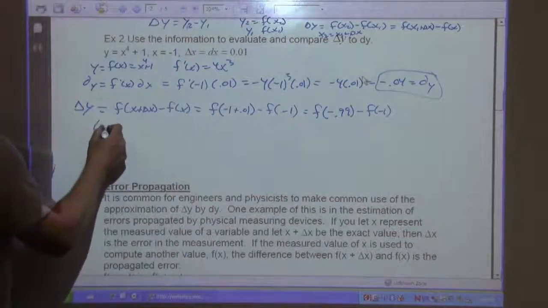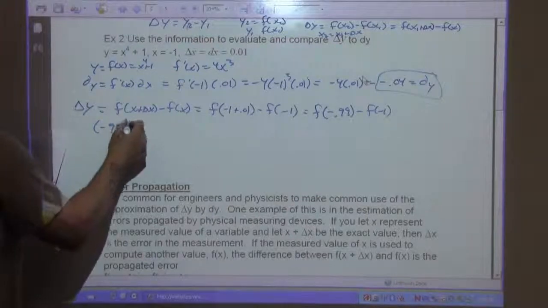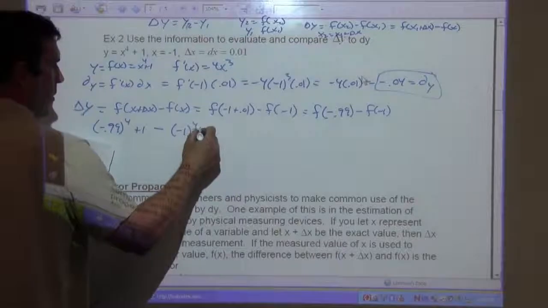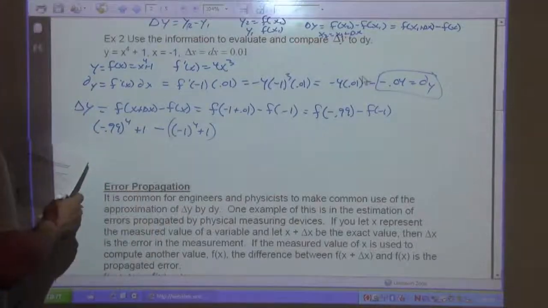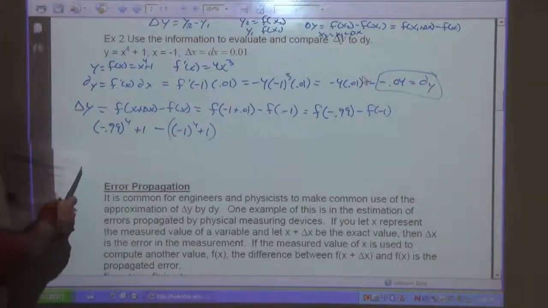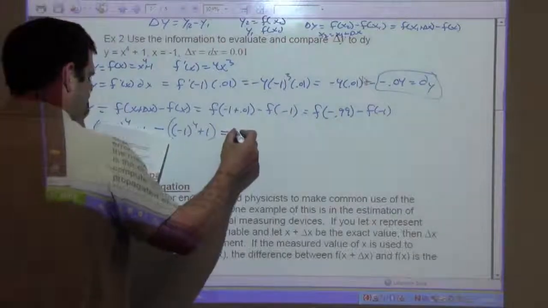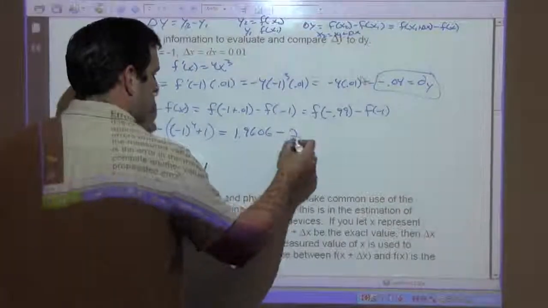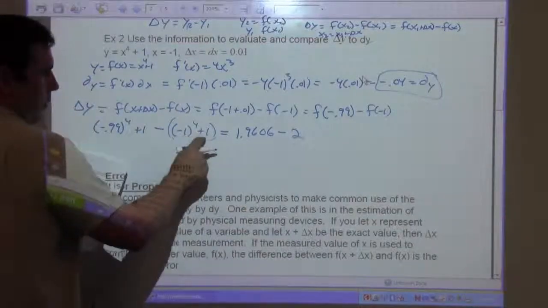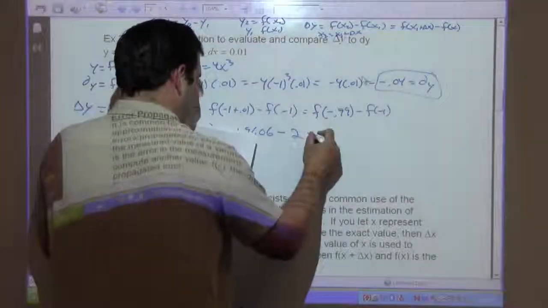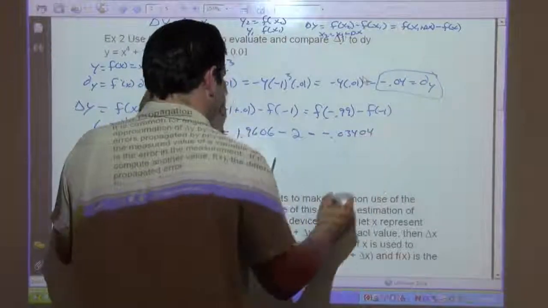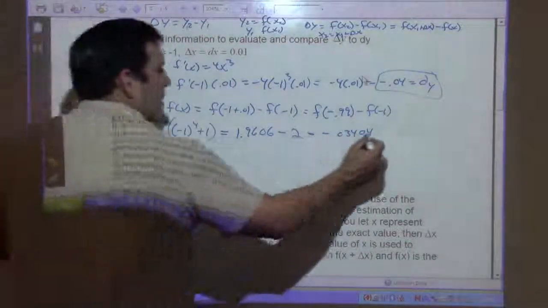So that's going to be negative 0.99 to the fourth power plus 1 minus negative 1 to the fourth power plus 1. That's going to be 1.9606 minus 2. That's 1 plus 1 is 2. And we have negative 0.03404. And that's our delta y.